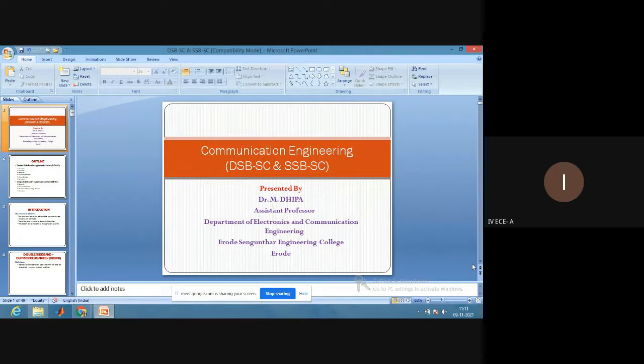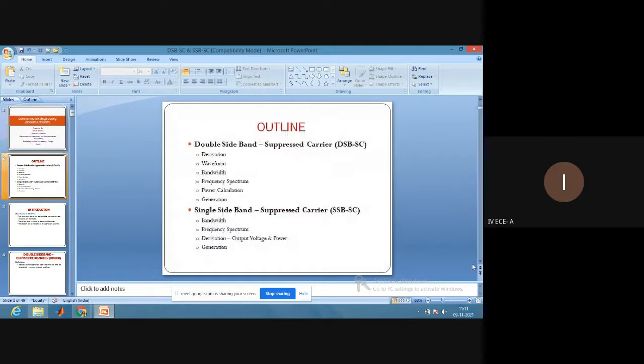In this lecture, we'll discuss double sideband suppressed carrier, that is DSB-SC, and single sideband suppressed carrier, SSB-SC. In this, I'm going to talk about double sideband suppressed carrier derivation, waveform, bandwidth requirement, frequency spectrum, power calculation, and generation of DSB-SC signals.